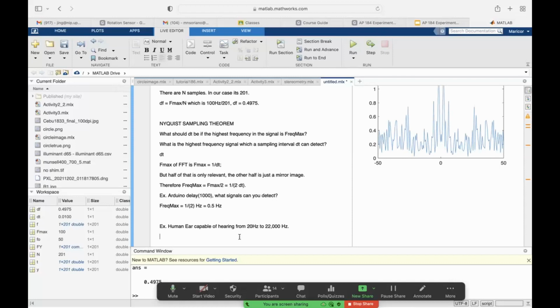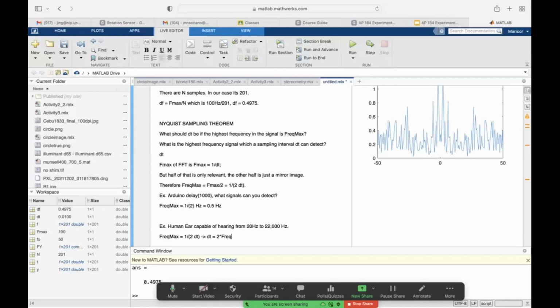So, di ba frequency max equals 1 over 2 dt? Ibig sabihin, 1 over dt should be equal to 2 times frequency max, which means 2 times 22,000 Hertz, which means 44,000 Hertz.